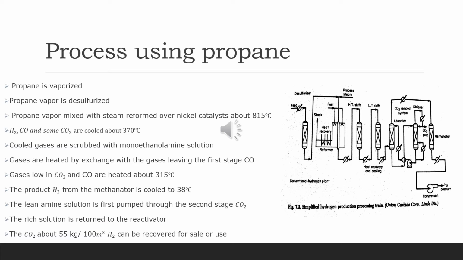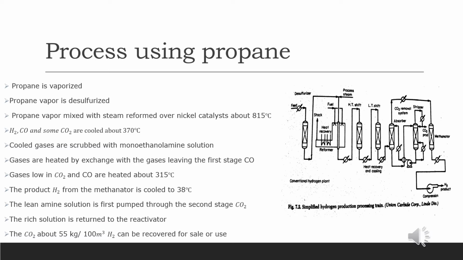These hot gases are first cooled by heat exchange with the gases leaving the first stage CO2 absorber before entering the second stage CO converter, and finally by water to about 38 degrees Celsius. Next one, the cooled gases are scrubbed with monoethanolamine solution in the first stage Girbotol absorber to remove essentially all the CO2.